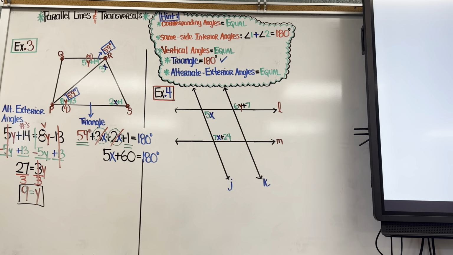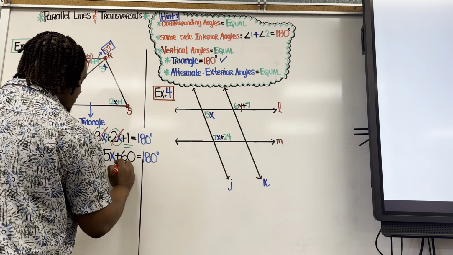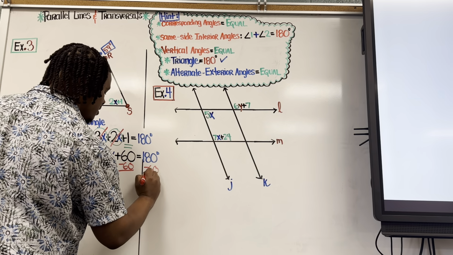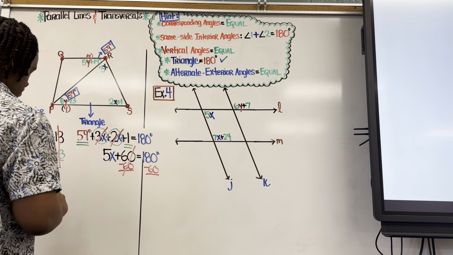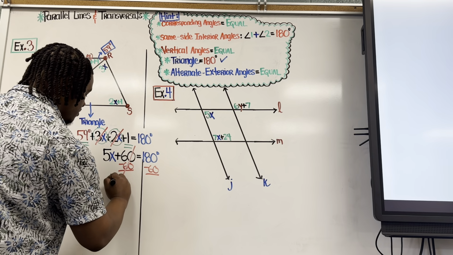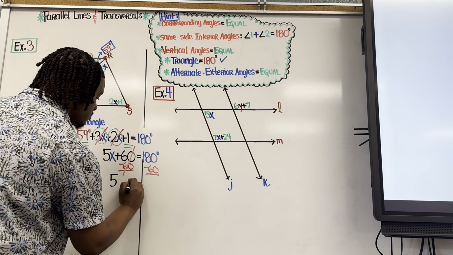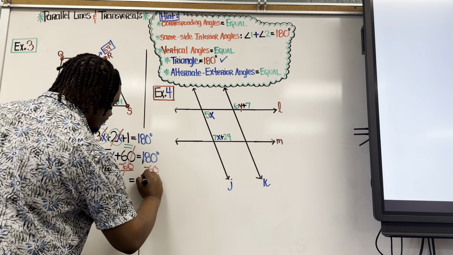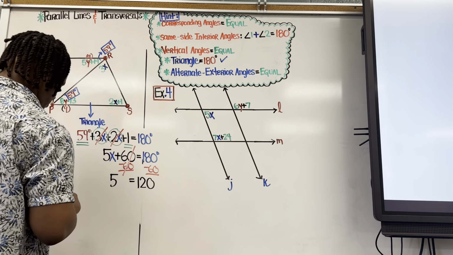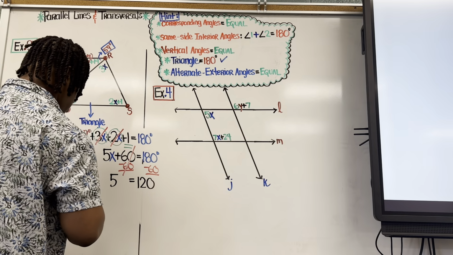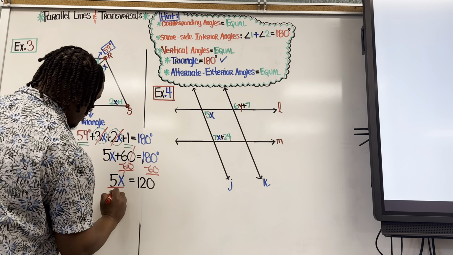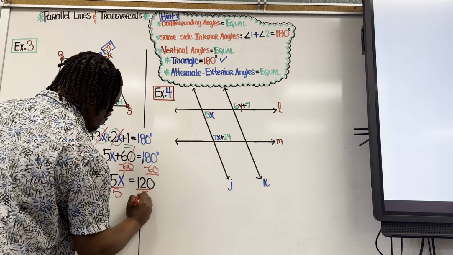Okay? Now, of course, I need to subtract both sides by 60. Okay? So now I'm going to have 5x equals 180 minus 60 is 120. And then if I divide both sides by 4, x will equal 24.